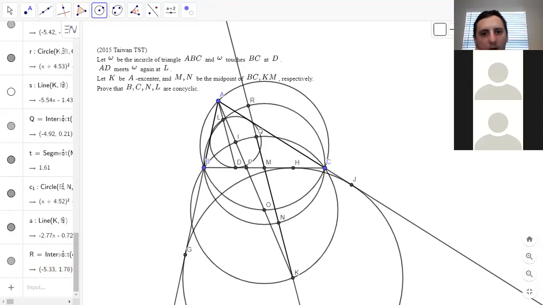So basically, I could kind of ignore point N for the time being, and I could just look at the circumcircles of BIC and BLC, and then I want to show that M is the midpoint of QR.